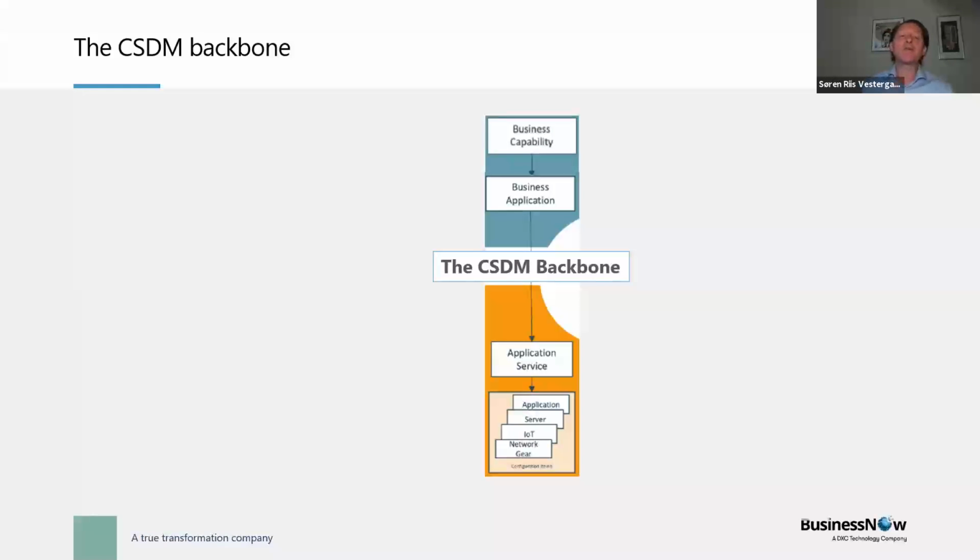In Gyldendal, it would be something like publishing as a business capability. It could be selling as a business capability. It could be evaluating manuscripts for validity and for commercial potential as a business capability.